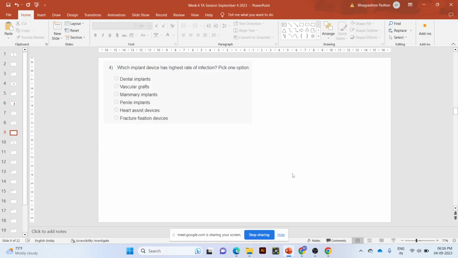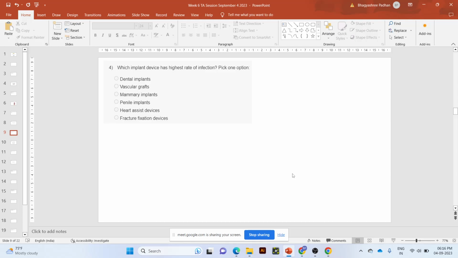Now let's move on to the next question. Which implant device has the highest rate of infection? You have to select one option. Is it dental implants, vascular grafts, mammary implants, penile implants, heart assisted devices, fracture fixation devices? Ma'am, vascular grafts. Heart assistant device, ma'am. Second last option.